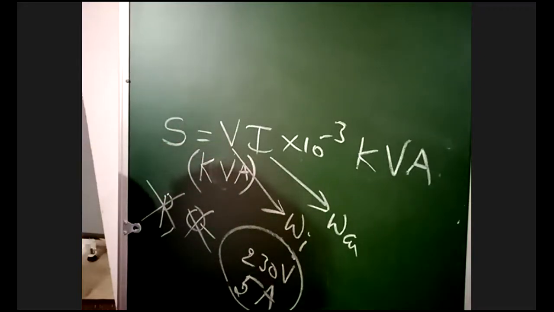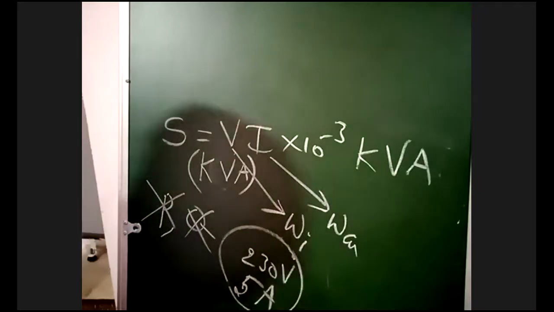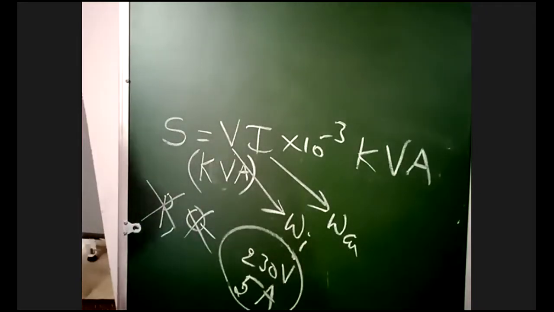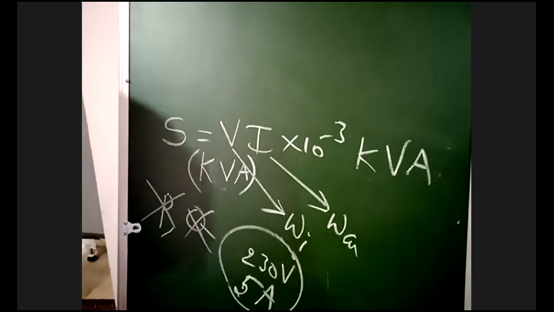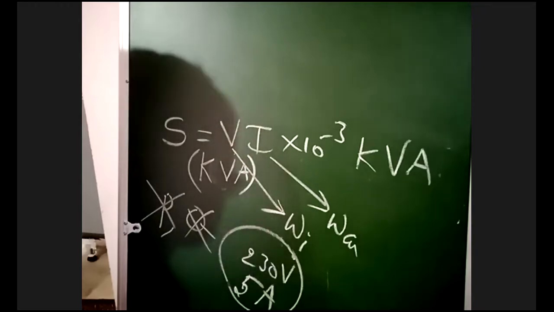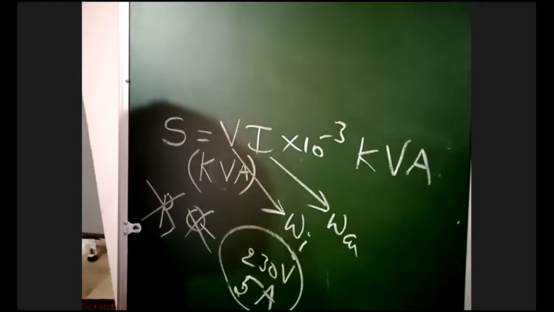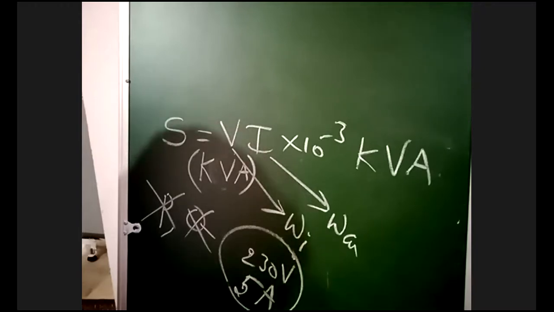Since iron loss depends on voltage, and copper loss depends on current, transformer rating is defined in kVA.